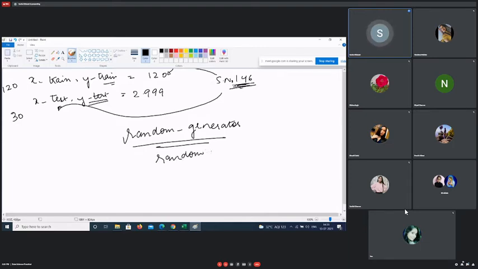Randomly values को split कर रहा है between train and test. So ऐसा नहीं है कि first 120 values will be for training and remaining values are for testing. ये randomly ले रहा है. अब वो randomly कुछ भी हो सकता है.